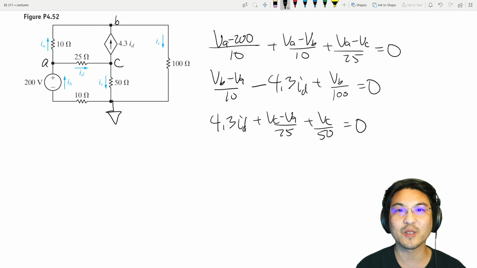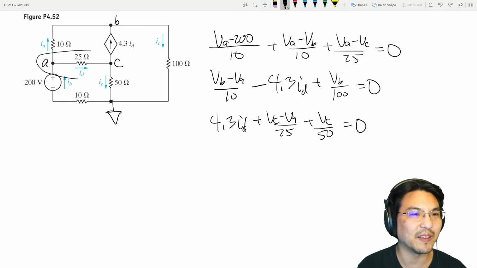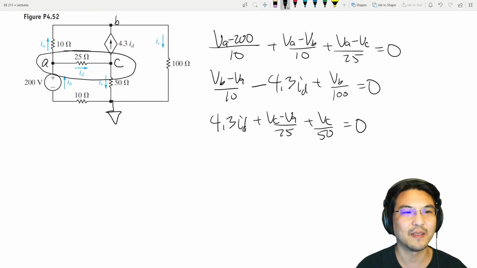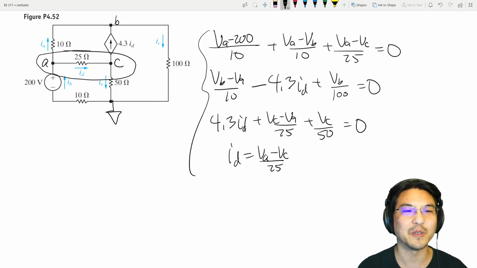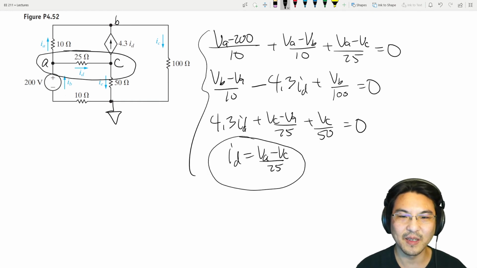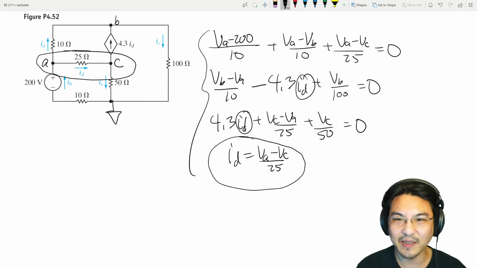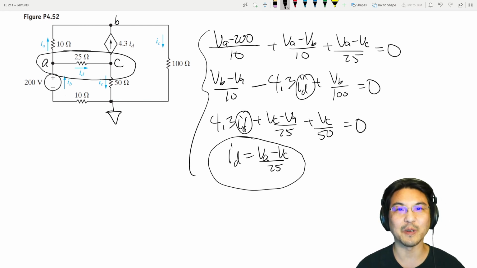Now we just need an expression for this current, and if you look right here, that current is VA minus VC over 25. So here we go, node voltage method, 4 equations, 4 unknowns. I mean, you just take this and put it right here, and then now we're down to 3 equations, 3 unknowns.